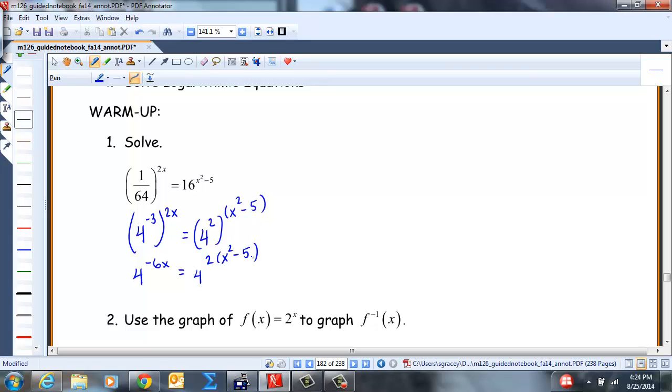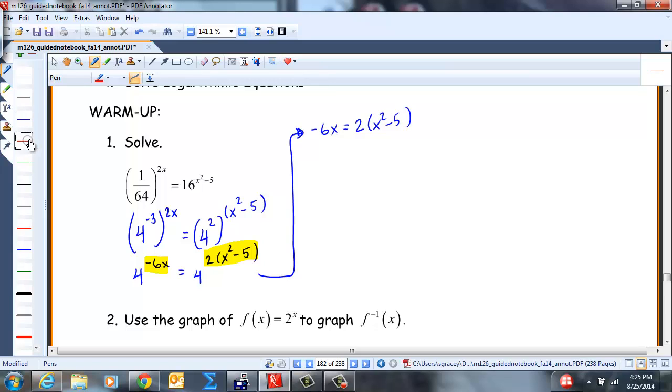Now we're going to equate the powers since we got the bases to be the same. Since we have the same base, we can equate those exponents. We'll have negative 6x is equal to 2 times x squared minus 5.